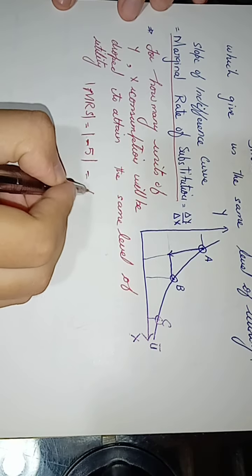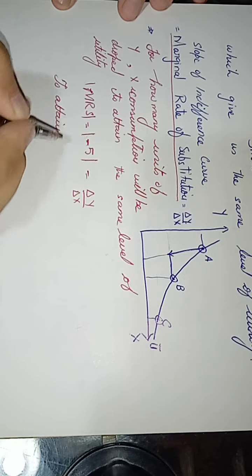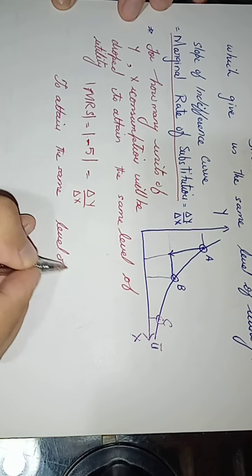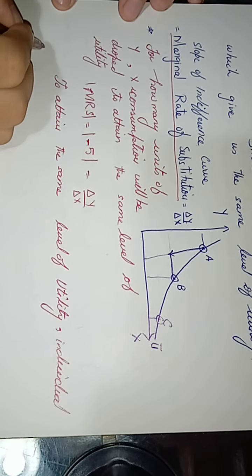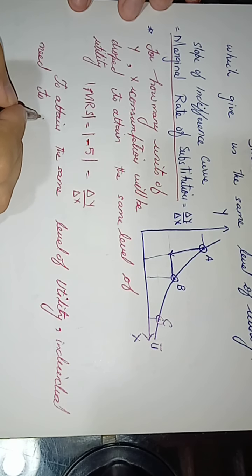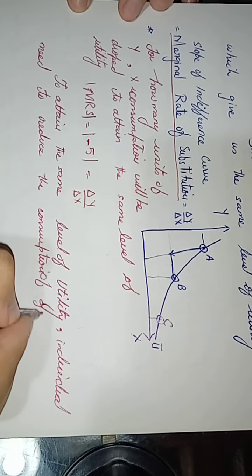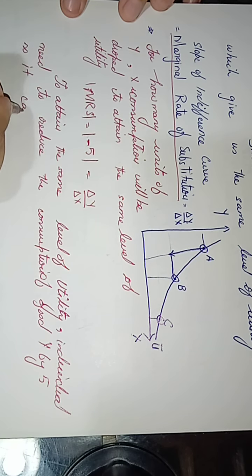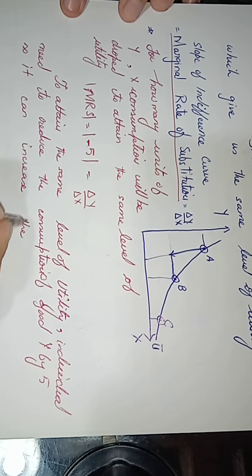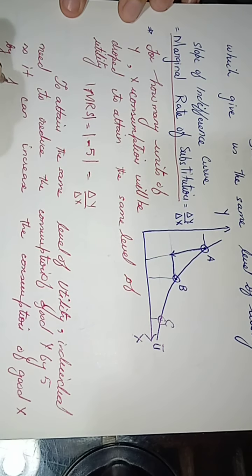So how are we going to explain it? We are going to say that to attain the same level of utility, the individual needs to reduce the consumption of good Y by 5, so it can increase the consumption of good X by 1 unit.